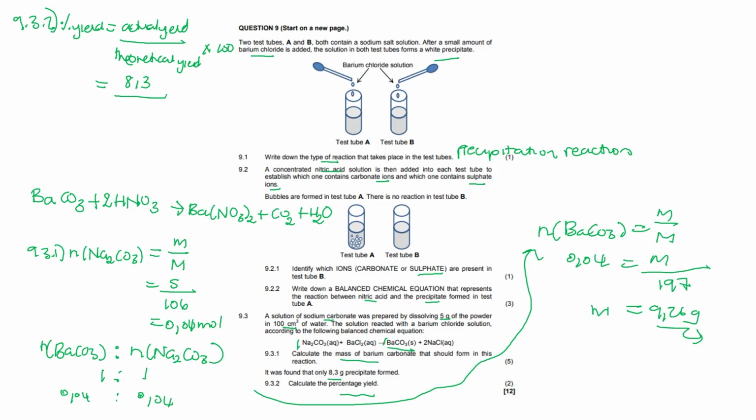Our theoretical yield was what we just calculated, the mass of barium carbonate that should form. That's the theoretical yield. So that's going to be 9,26. And we're going to multiply that by 100. I'm going to put that into my calculator, and I'm going to get a percentage yield of 89,63%. And that's it, guys.